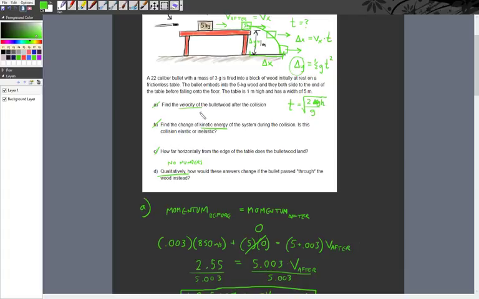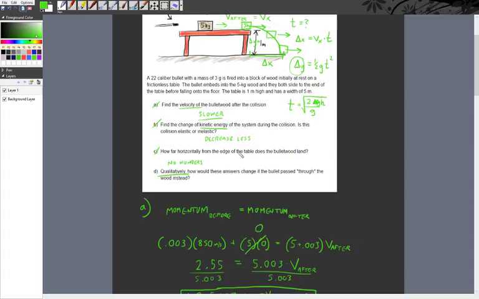So the velocity is going to be slower. The change of kinetic energy is going to decrease less, because the bullet is still moving after the collision. By definition, if it's passed through the wood, it's moving faster than the wood. So it makes sense that it's going to decrease less.